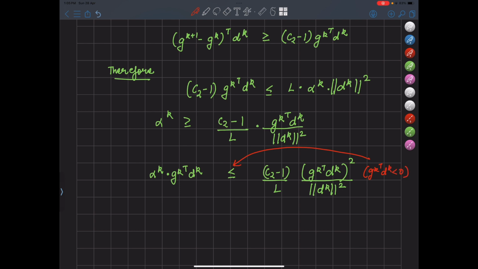Alright, and now we further multiply by minus C1.